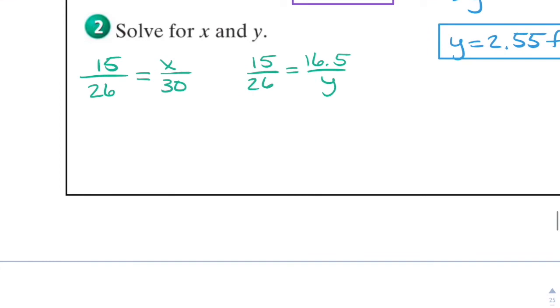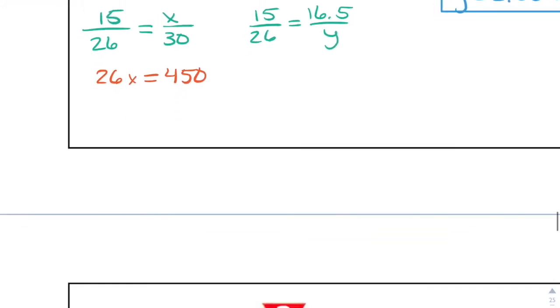So I'm going to get 26x, and then 15 times 30 is 450. Divide both sides by 26. Well, this gets me a nasty number.